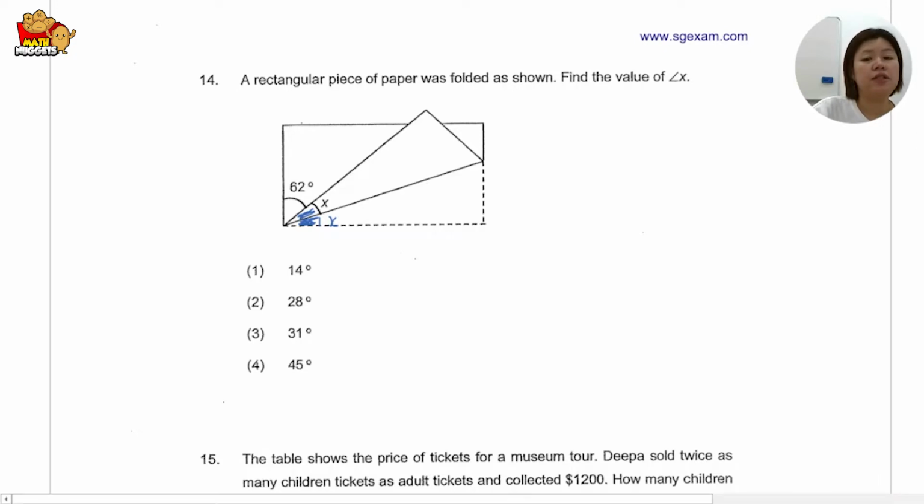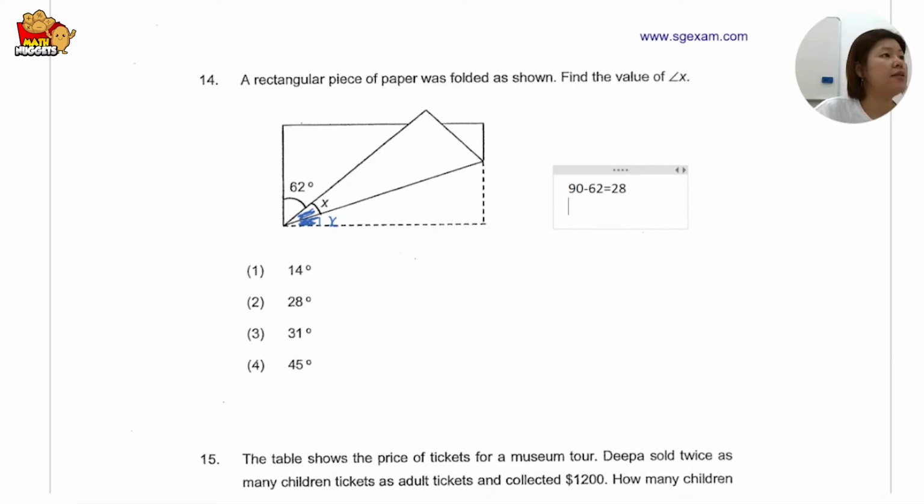So we can actually take 90 degrees minus 62, which is 28. 28 is actually for both of these two. So if I want to find 1, it's just 28 divided by 2 equals 14. 14, number 1.